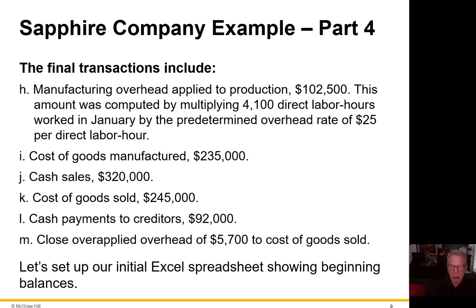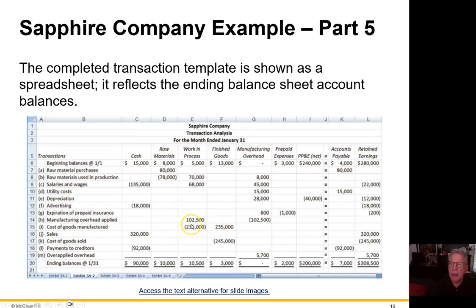So let's set up our initial Excel spreadsheet showing beginning balances. And here it is. The completed transaction template is shown as a spreadsheet. It reflects the ending balance sheet account balances. So here's cash.